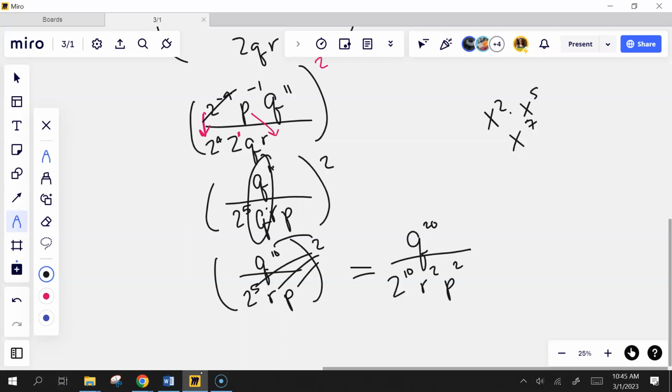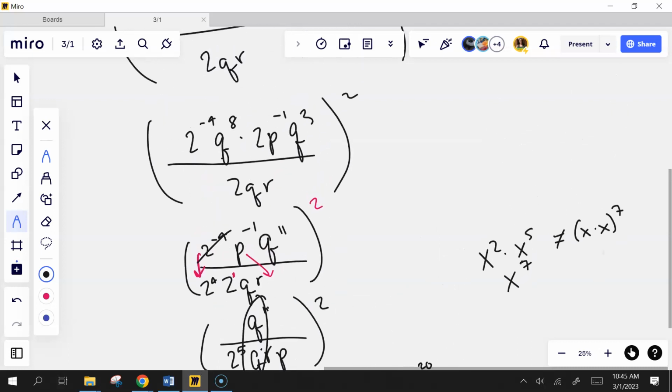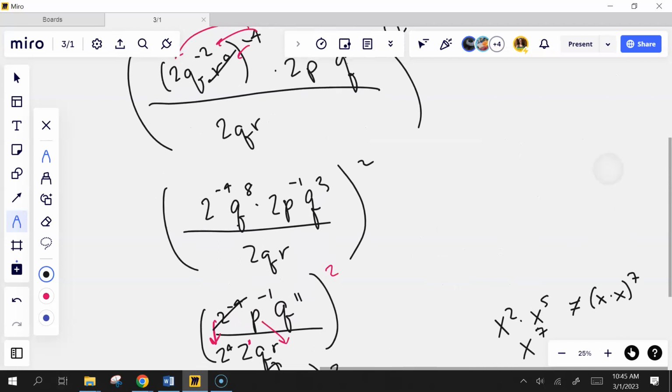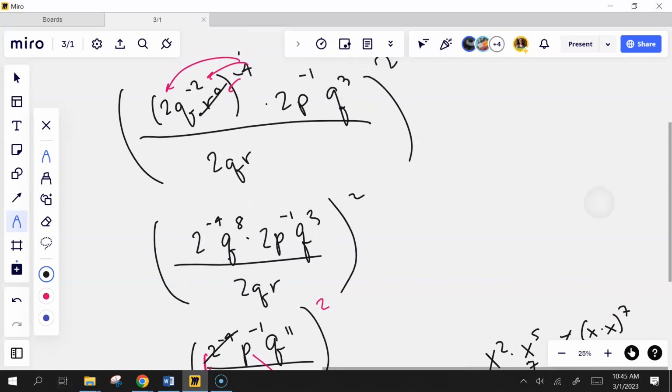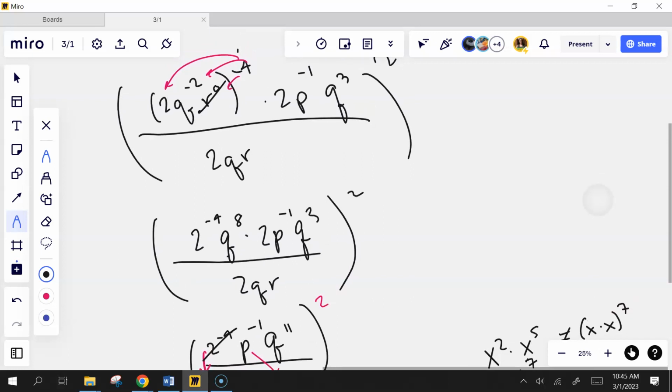This is not x times x to the 7th. It's just x to the 7th. Yeah, no, but go up really quick. I'm talking about that. You see how it's 2 to the -4 times... If that had a 1 on it, you would... But it does have a 1. Yeah, no, I'm talking about the other one up top.